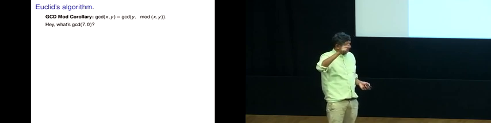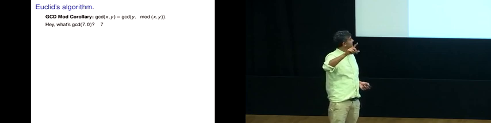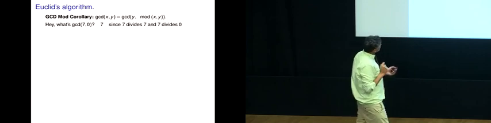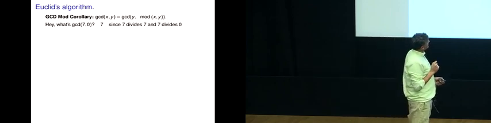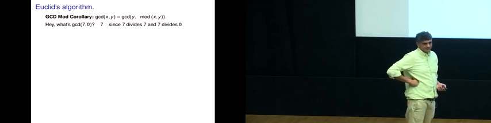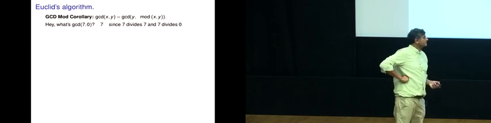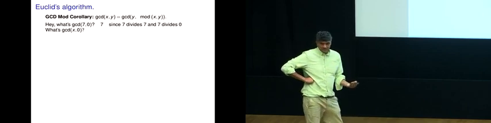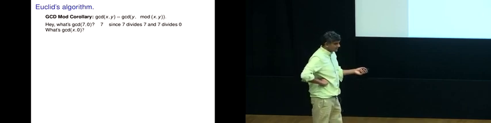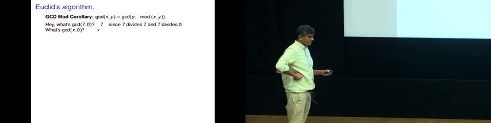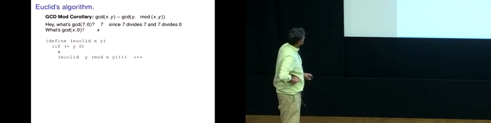But you should say 7, because 7 divides 7 and 7 divides 0, because 0 times 7 is equal to 0. 0 is an integer times 7. So GCD of x and 0 is x.